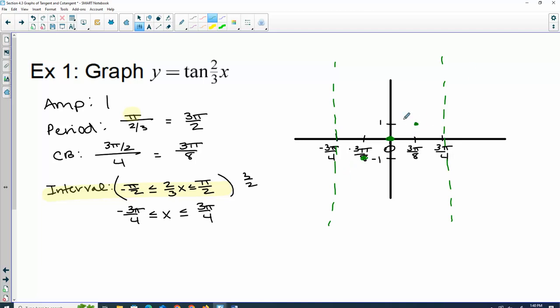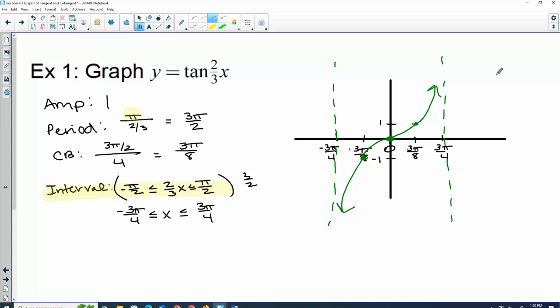You do need to make sure you're not just drawing a line between them. It is curved and it's getting closer to your asymptotes. So it should look something like that. If you have trouble remembering if it's going up or down, always think about 3 pi over 8. That's in the first quadrant. I know everything's positive in the first quadrant.